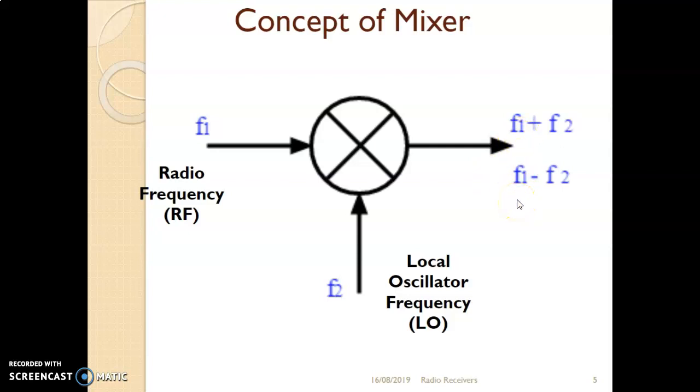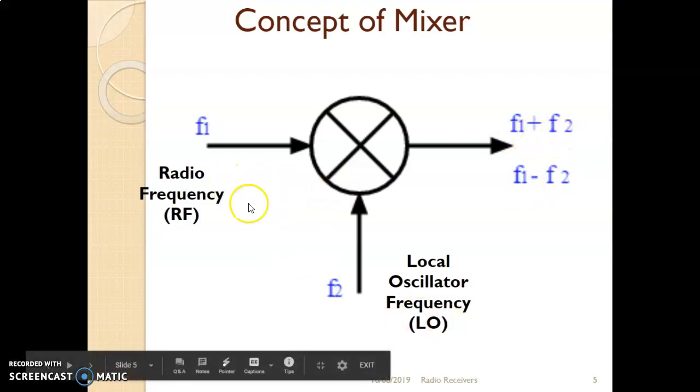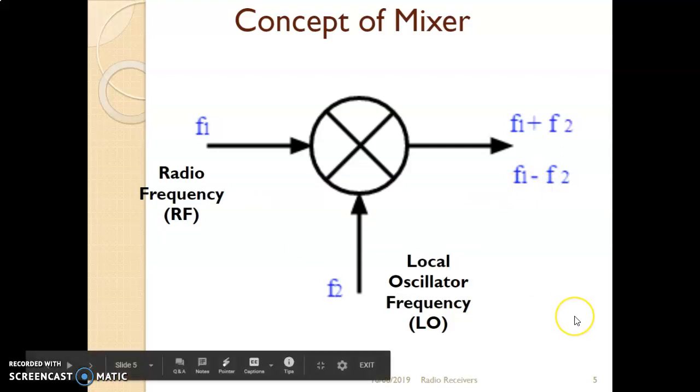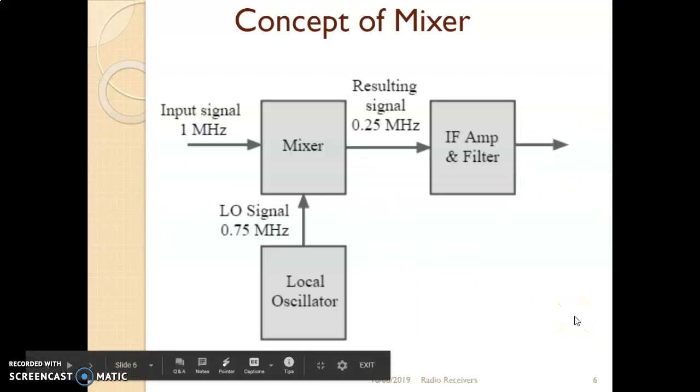Most of the time we use the sum and difference frequencies, and that is why this block shows F1 plus F2, the sum of RF and local oscillator, and F1 minus F2, the difference of RF and local oscillator frequency.